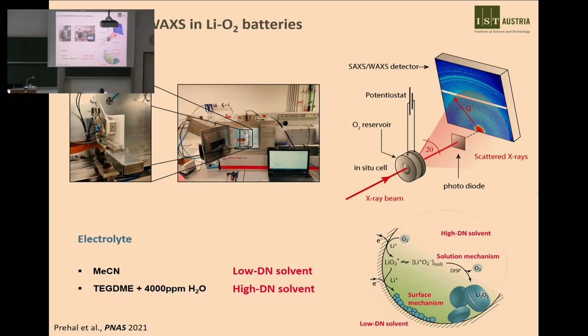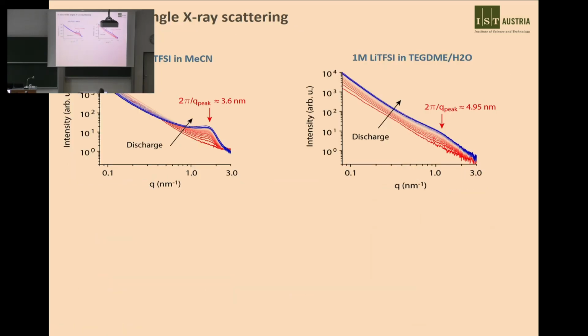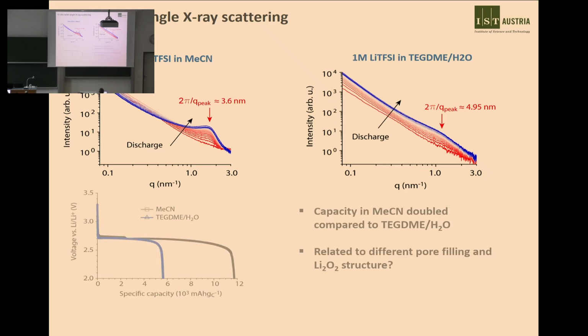We use SAXS because these are feature sizes of hundreds of nanometers, and one knew already that there are lamellae a few nanometers thick, so this is just the right range for small angle scattering. For these two extreme electrolytes, we see different features in the SAXS pattern.